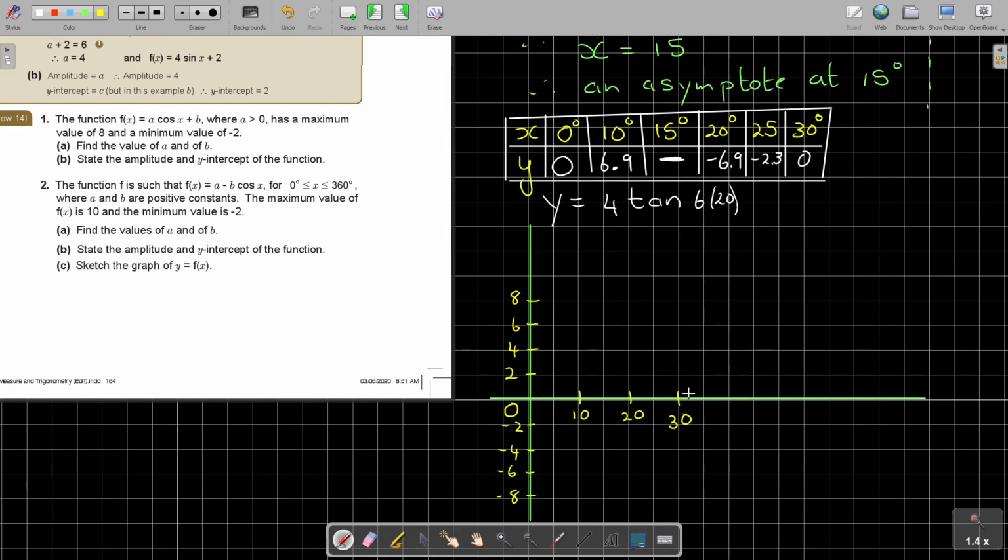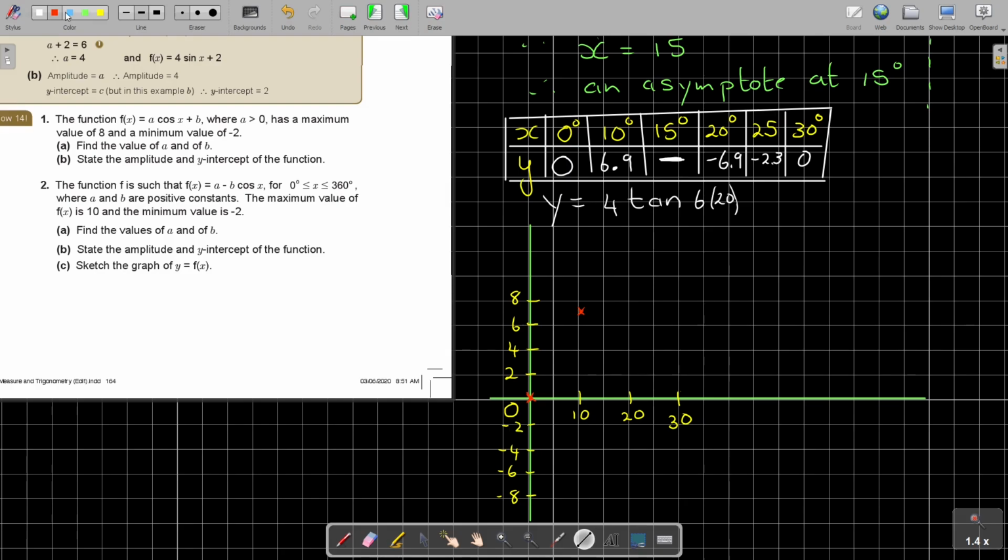And then I start with the plotting. At 0, it's 0. At 10, it's going to be 6.9, so it's almost 7. It's actually very good if you first go to 15, so there is 10, there is 20, so 15 will be here.